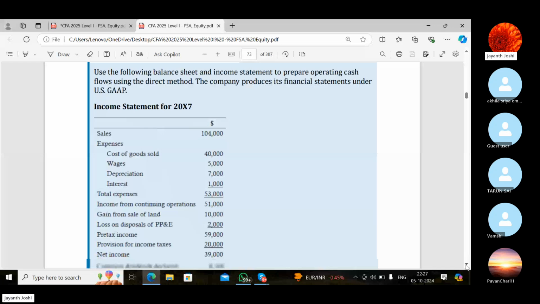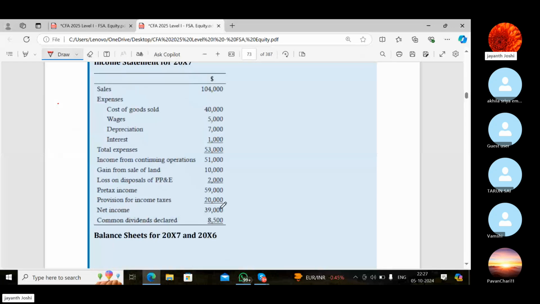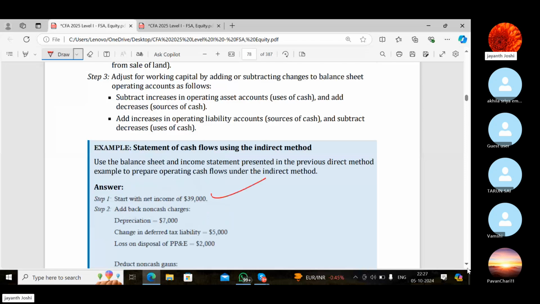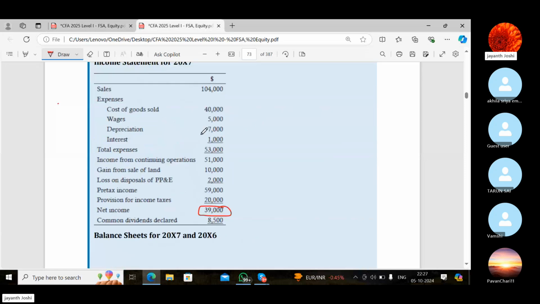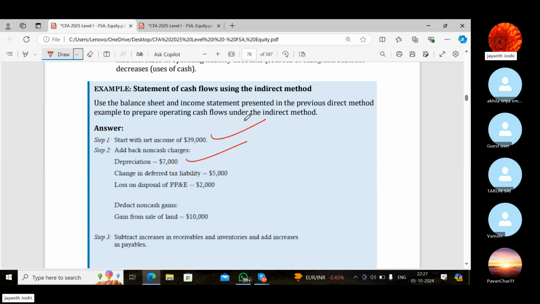So we'll start with net income, which is given here. Then we'll add non-cash expenses. So what are the non-cash expenses given? Depreciation and also non-operating nature expense, interest.